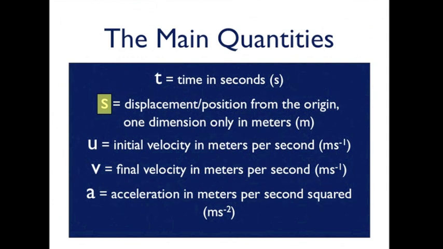Now, something that you probably saw in algebra class, or you're going to see in calculus or math analysis, is that when you talk about the position of an object, you talk about it using s. So if you see a lowercase s in an equation in physics, that really represents the displacement, or the position from the origin of the object. If you have an s of positive 3 meters, that could mean that you are 3 meters to the right of the 0, 0 point.